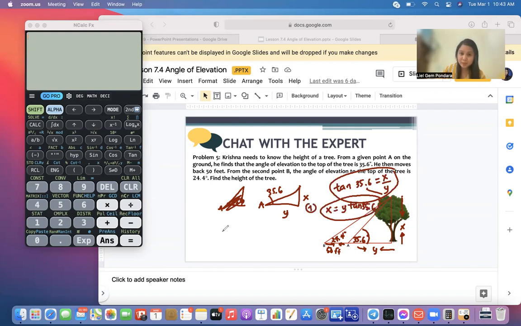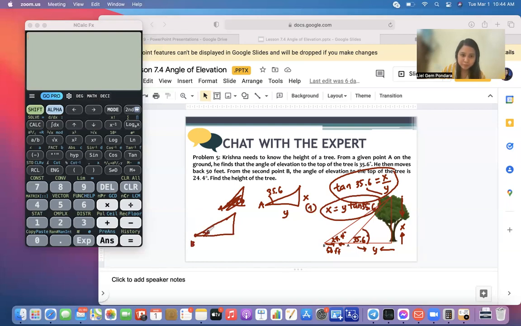This is now the first one. Let's go to the second one, okay? For the second one, let's draw the bigger triangle. What is the angle of elevation? Can you share with me? You can unmute yourselves. What is the angle of elevation for the second big triangle? That's 24.4.